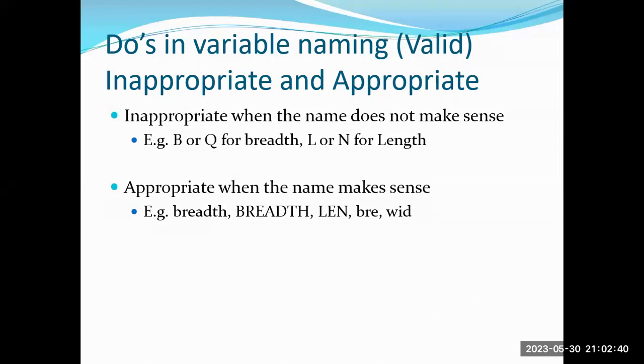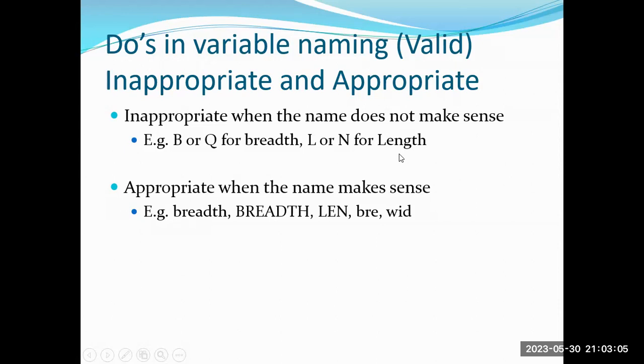So you see, I've given examples of valid variable names, appropriate and inappropriate. It's inappropriate when the name does not make sense. For example, using something like BQ, or L and N for length.